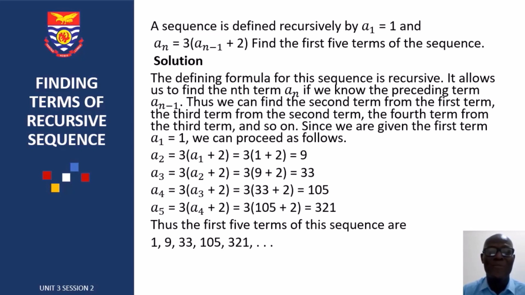And 105 plus 2 is 107. So if 107 is multiplied by 3, it gives 321. So therefore, our first 5 terms of the sequence defined by the relation are 1, 9, 33, 105, 321, ellipsis.